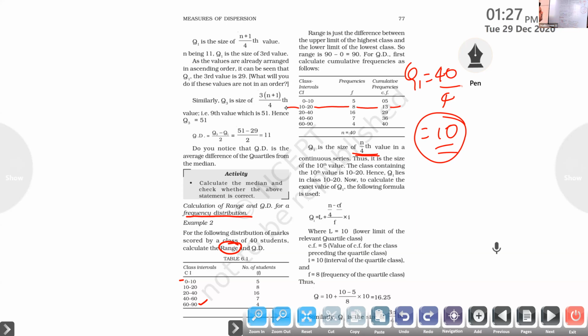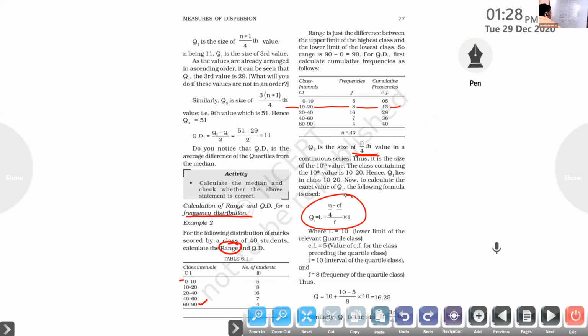Next, we want to find a number of other values to apply in the equation. First of all, we want to know the equation to find Q1: L plus N divided by 4 minus CF, divided by F, into I. The quartile class is found.